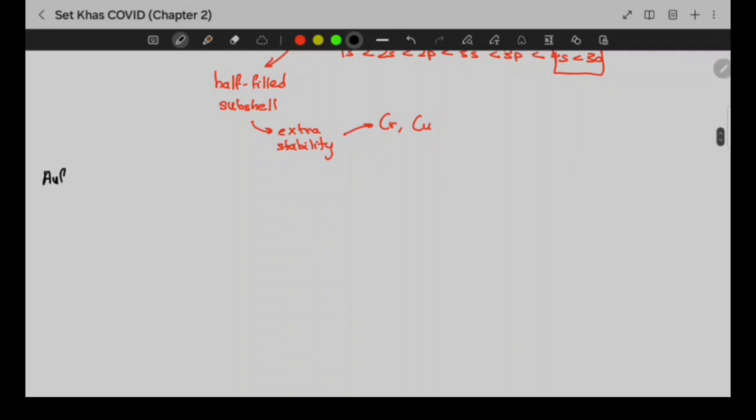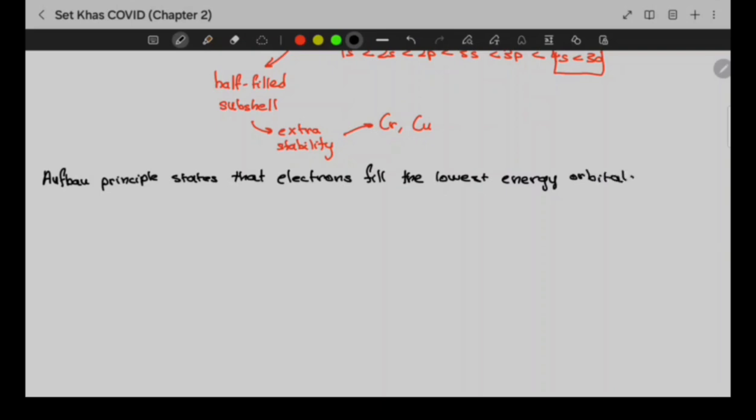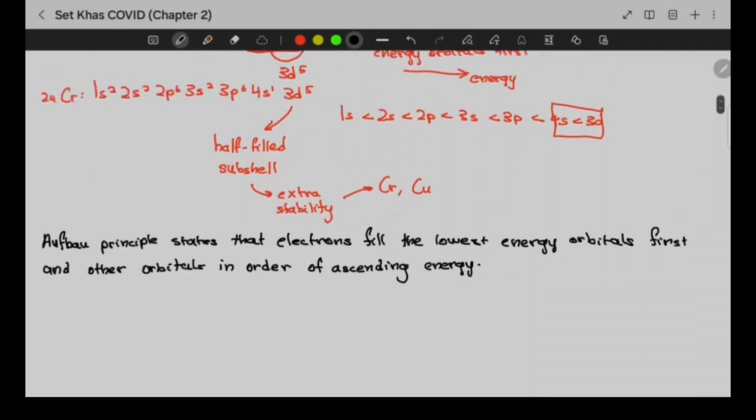So the Aufbau principle states that electrons fill the lowest energy orbitals first, and then the other orbitals, you must mention in order of ascending energy, because that is how the electrons fill up.